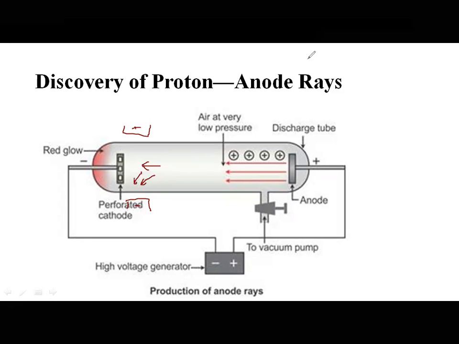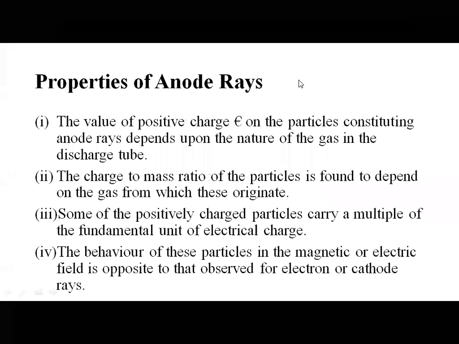That means these rays were positively charged. The value of positive charge in coulombs on the particles constituting anode rays is dependent upon the nature of the gas. In cathode rays, it was independent, whatever gas you had taken. But here, it was dependent on the nature of the gas.